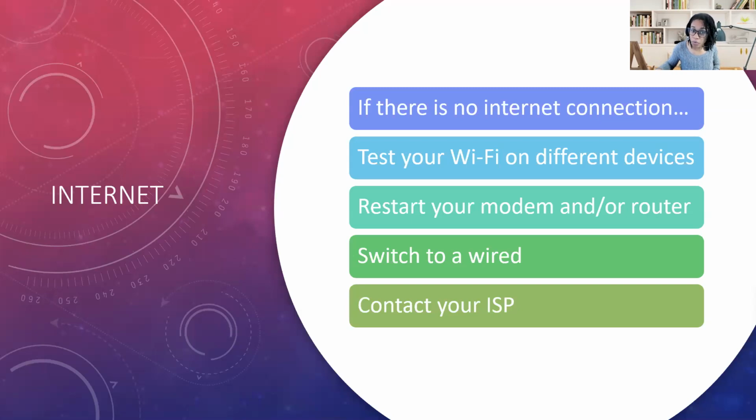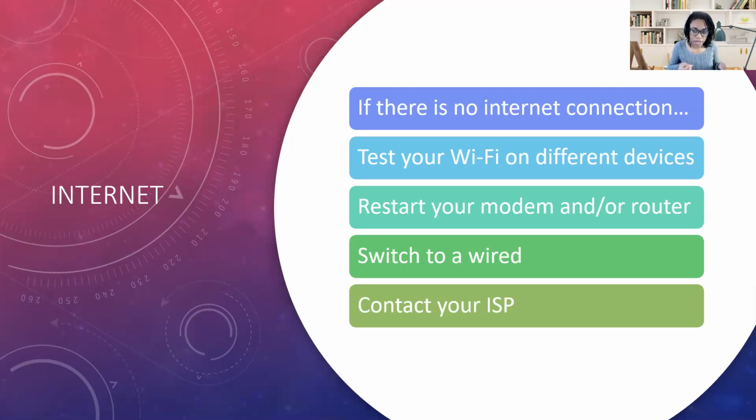If you are on Wi-Fi, you can try to switch to a wired connection. So if you're on a wired connection, you are directly connected to your modem or router through that Ethernet port on the back of your computer that we talked about a little earlier.